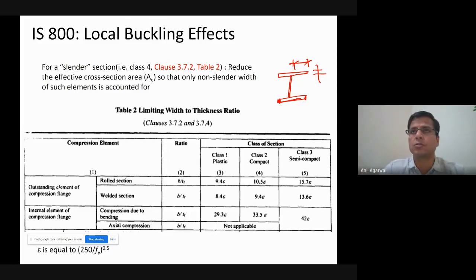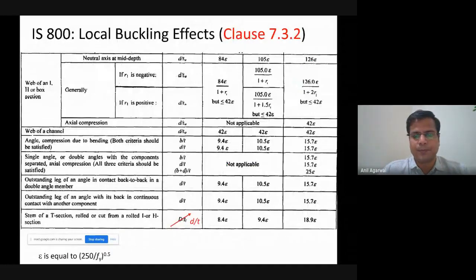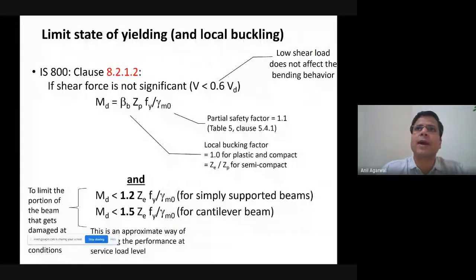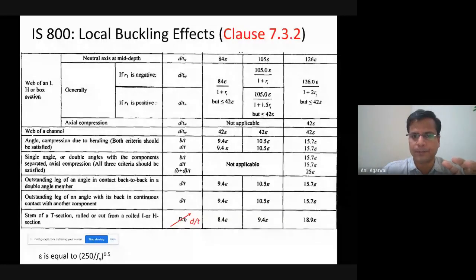And if the width to thickness ratio is low, then your member is more likely to be plastic or compact. Correct. So this was the way to handle the possibility of local buckling.